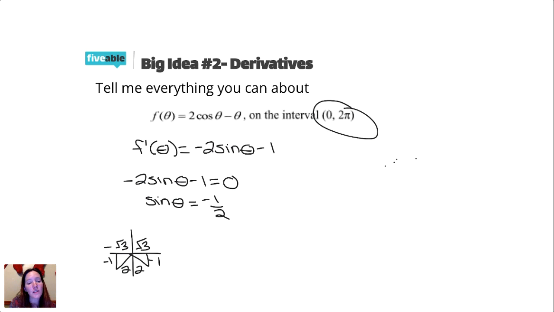Those two triangles are going to be 30, 60, 90 triangles. In radian land, that's pi over 3 or pi over 6. Since the opposite side is the smallest side, that means these are pi over 6s or 30-degree angles. And that's going to be the 7th pi over 6 and the 11th pi over 6.